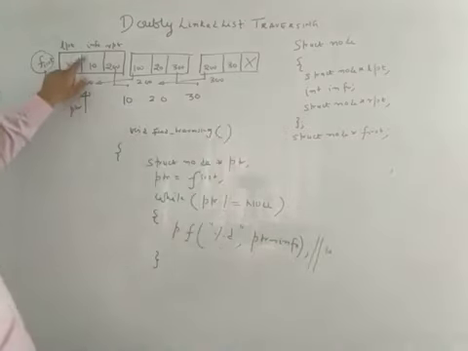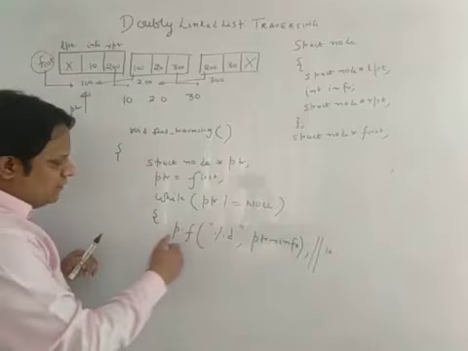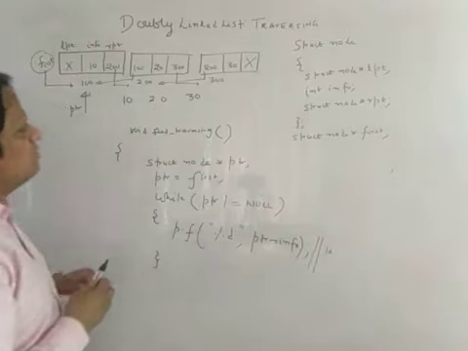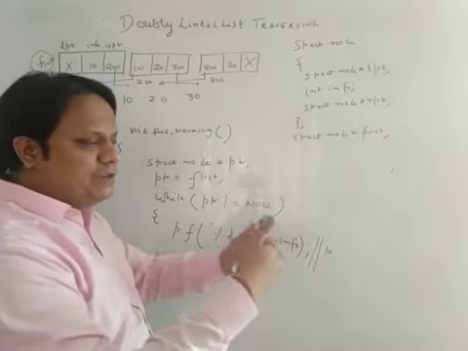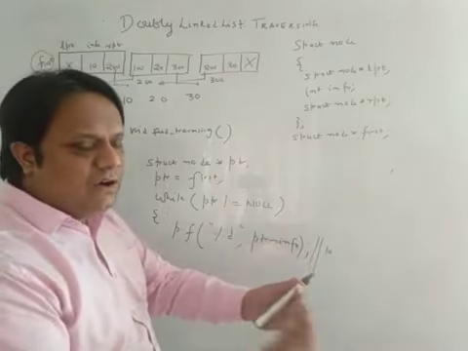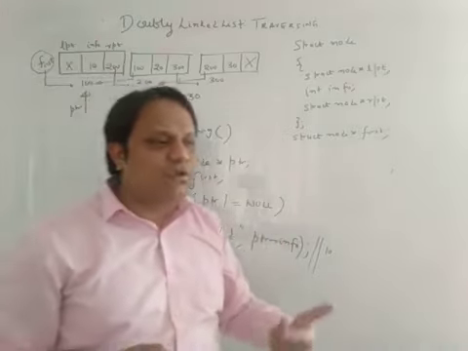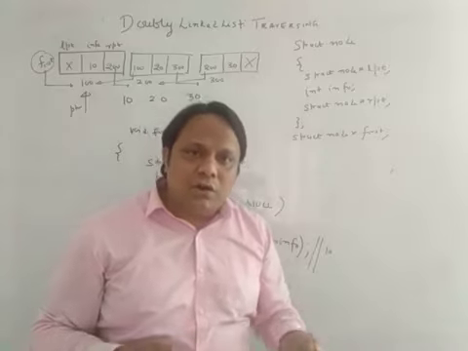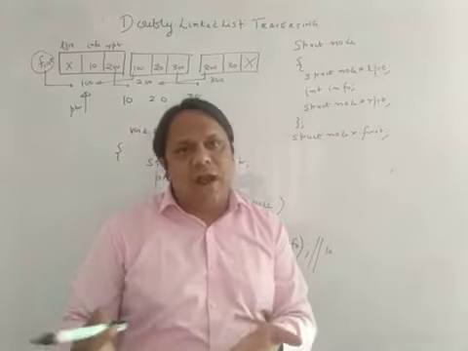After printing 10, I want my ptr this time to point to 200, because when I run the loop again, my pointer should point to 200, just like a normal for loop. For i equals 0, i less than or equal to 5, if you want to print the values from 0 to 5, you write i = 0, i <= 5, i++.